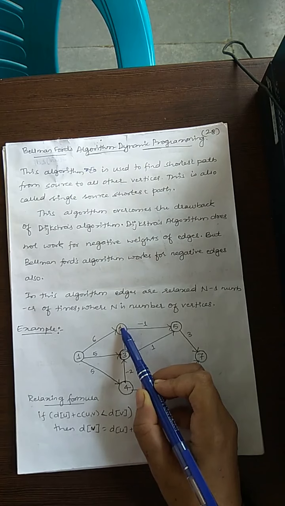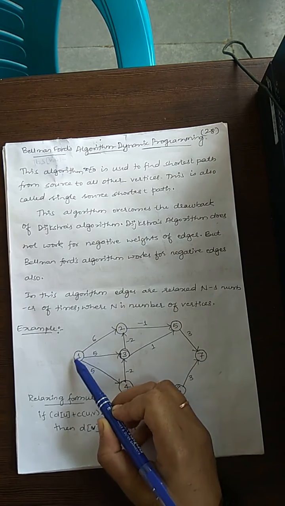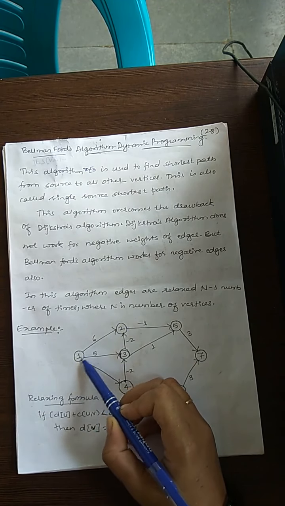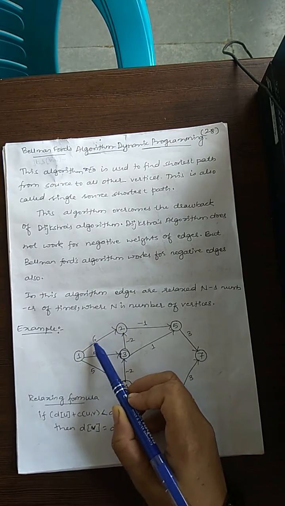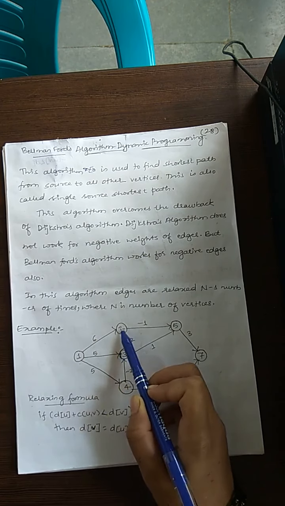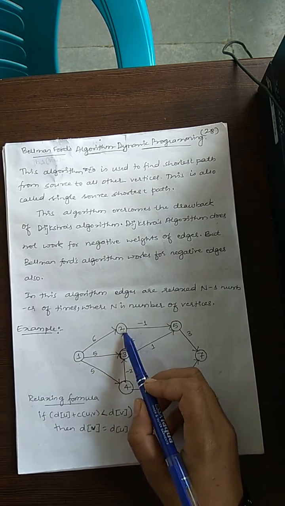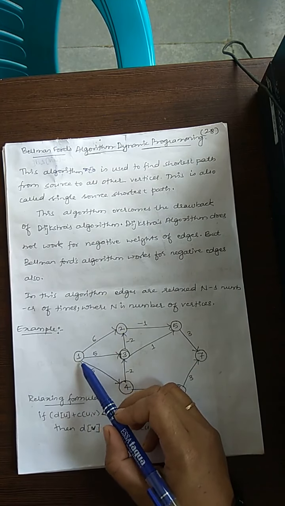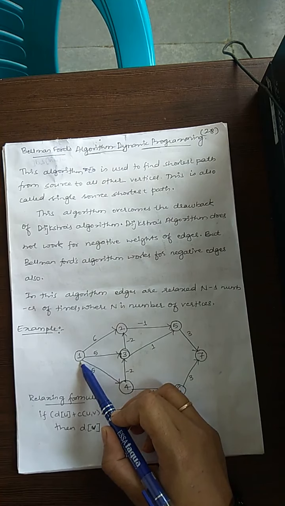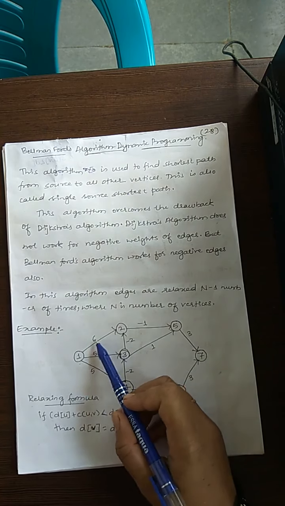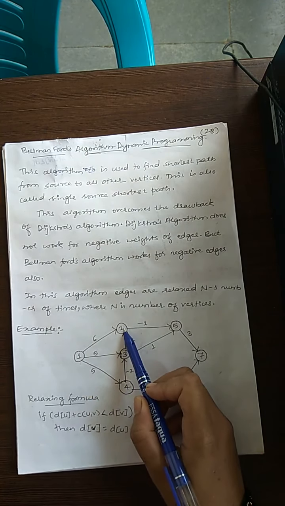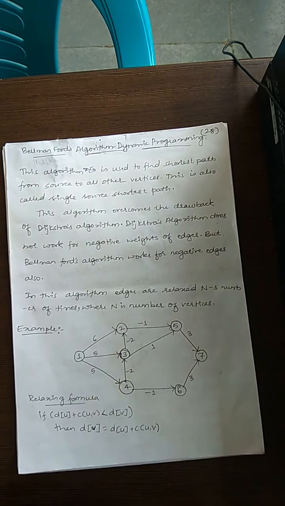That will be considered. What we have to do here is take the distance of this vertex plus the cost of this edge. Suppose I am considering 1 to 2. Then the cost of vertex 1 plus the cost of this edge, 6, is compared with the cost of vertex 2. What is that formula?